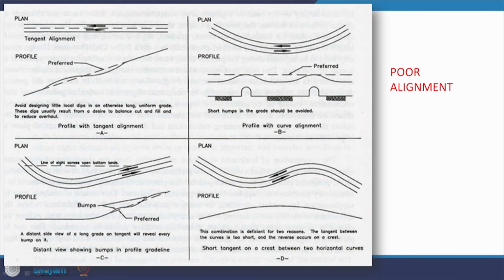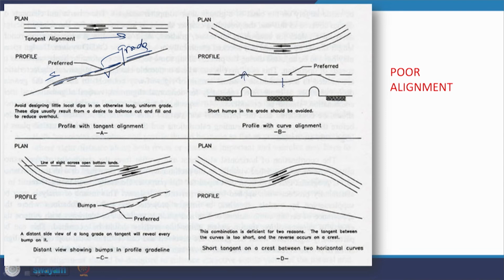Now, here if you look at this plan, a continuous tangent line is there, but here we have provided a summit curve and a valley curve, which could have been very easily made a straight profile. So, a grade line could have been made, and that is the improvement which could have been done here. Now, in this case also the profile is going up and down.